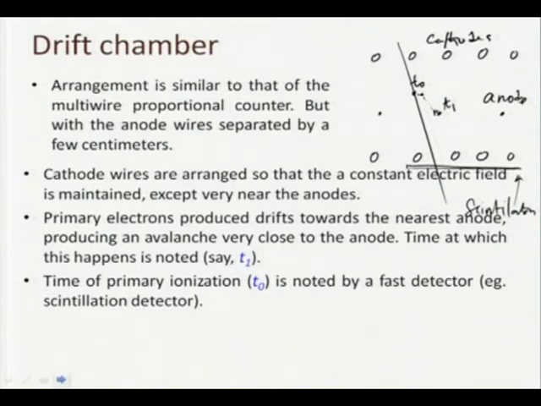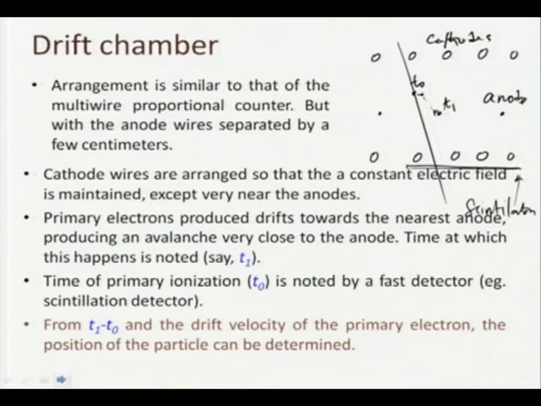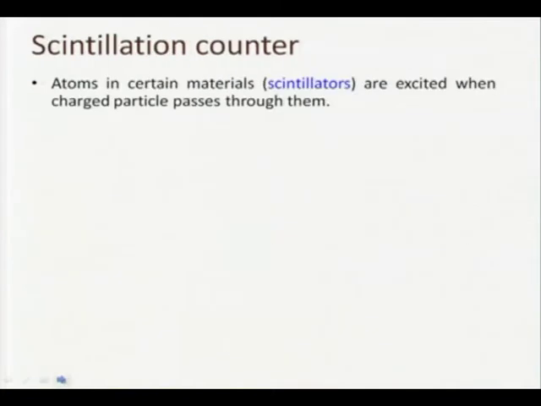Okay. So, the time of the primary ionization is T0 and the time of avalanche is T1, say. So, from the time difference T1 minus T0 and the drift velocity of the primary electron, the position of the particle can be determined.